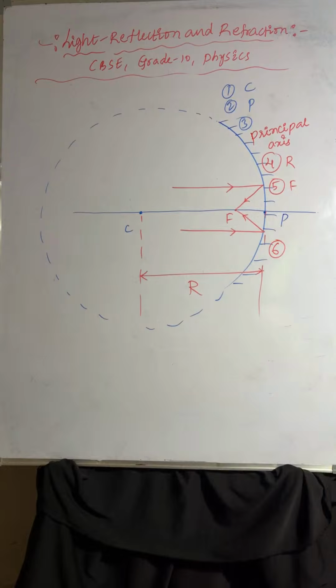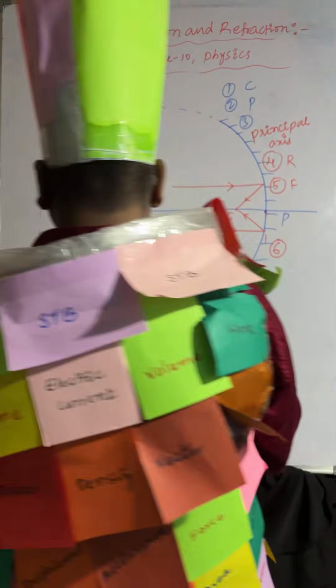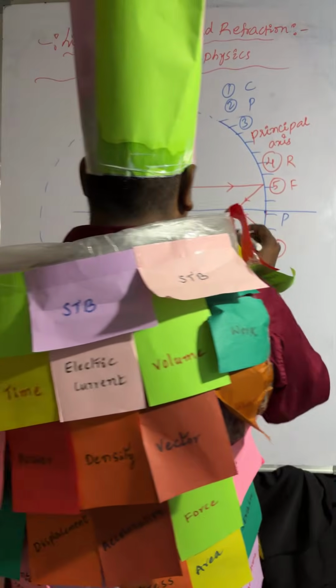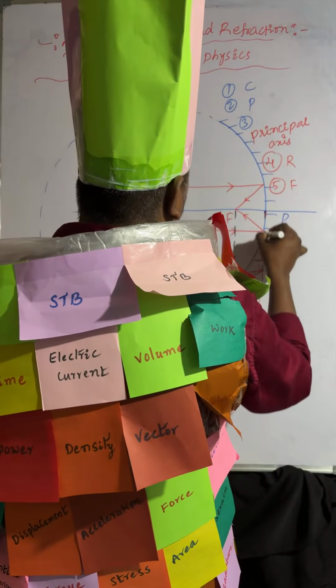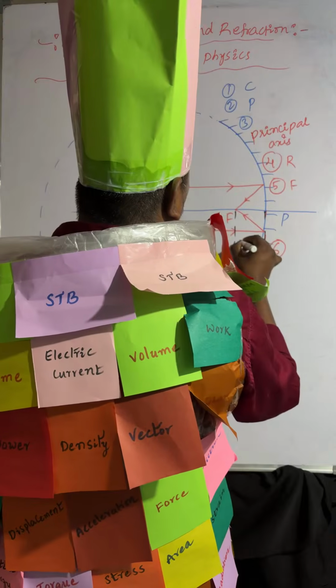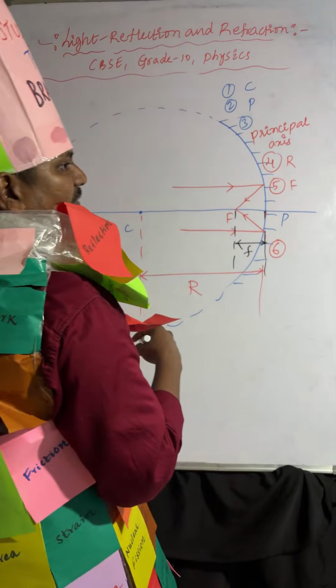The distance between the focus and the pole is called the focal length, small f.